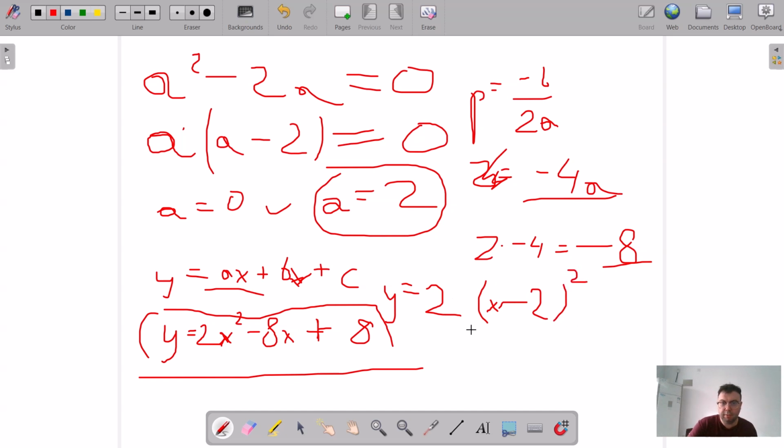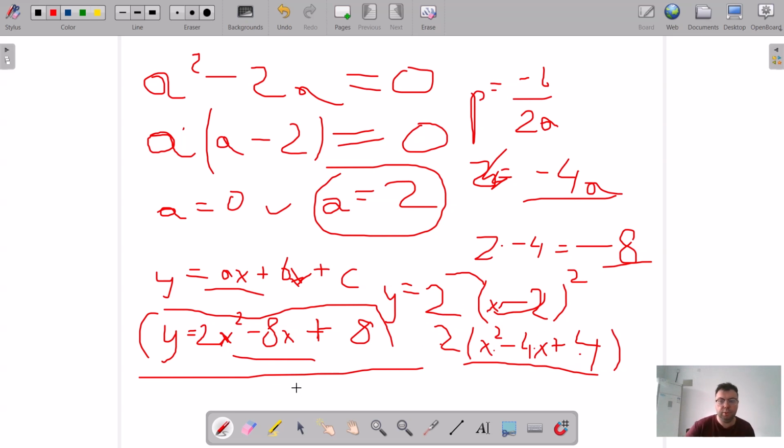If you expand the binomial, you will get x squared minus 4x plus 4. And then you multiply everything by 2, so you get 2x squared minus 8x plus 8. You will get exactly the same as you got in vertex form. Okay, so both solutions are valid.